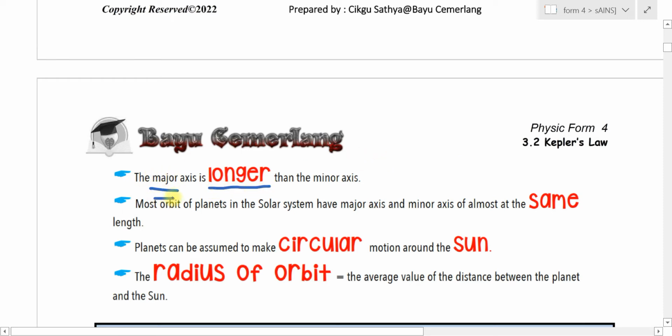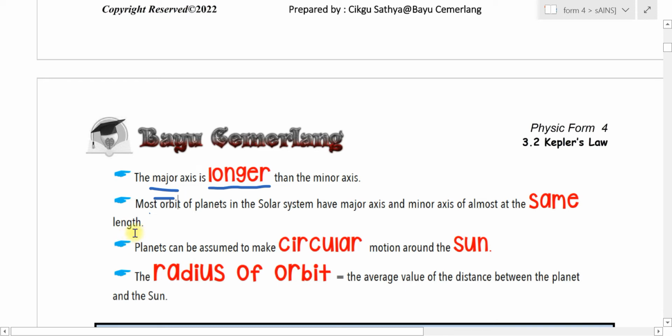Nama pun dah major kan? And what else do we need to know? Most orbits of planets in the solar system have major axis and minor axis of almost the same length.